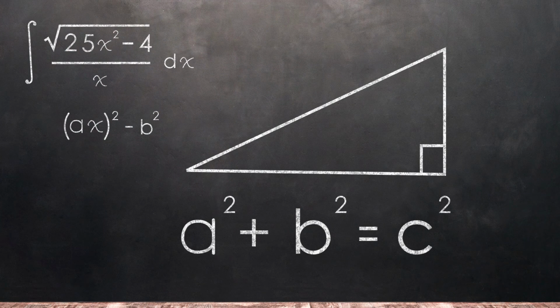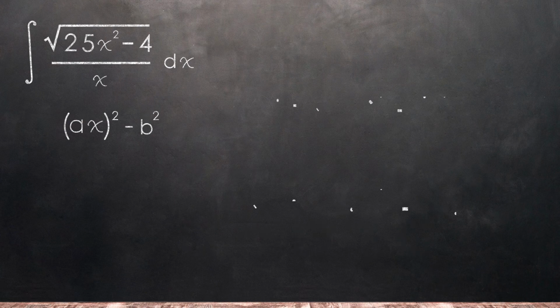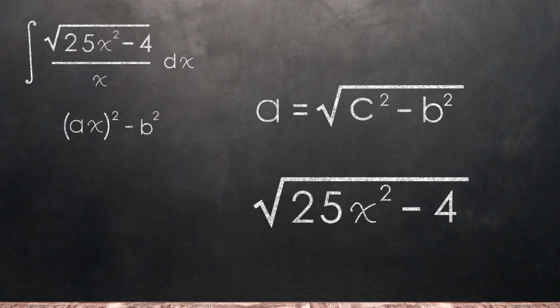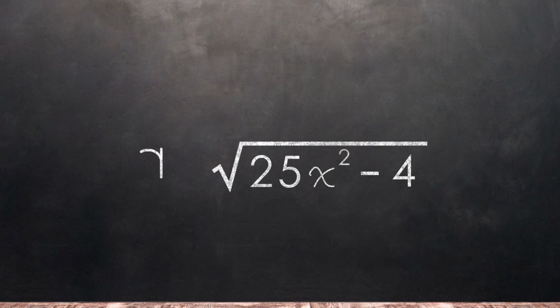Once again, we want to start out by drawing a right triangle and writing the Pythagorean theorem. Rearranging the Pythagorean theorem for one of the side lengths, a or b, will give us the desired equation. Comparing this to what we have in the integrand, we can see that one of the arms of the triangle will have length root 25x squared minus 4.